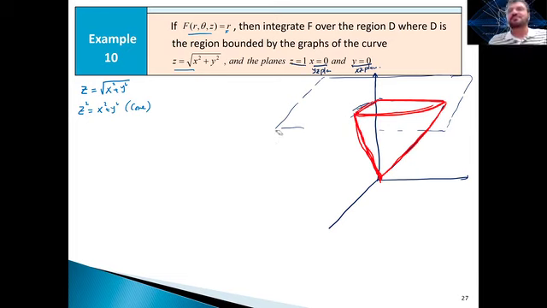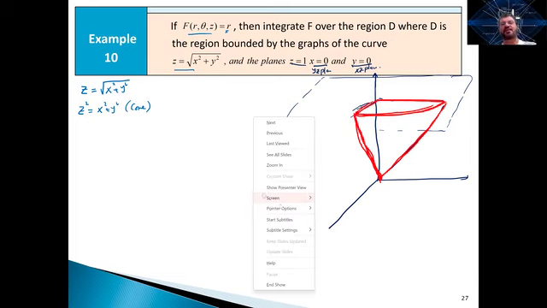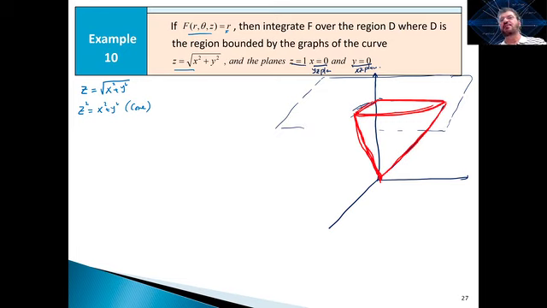All right? Perfect. Now, what do we have? This is the surface from the outside.